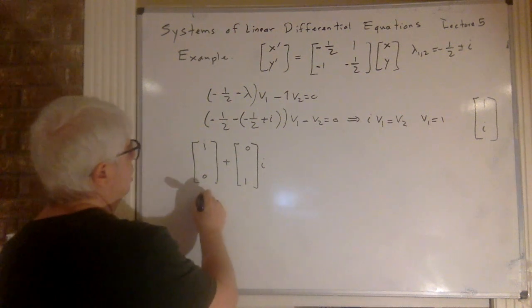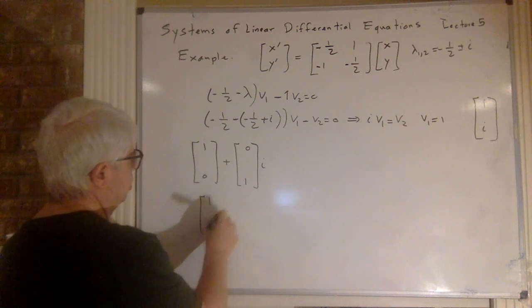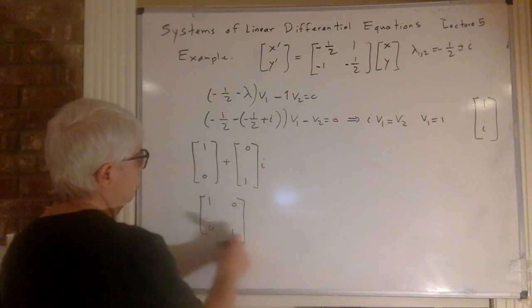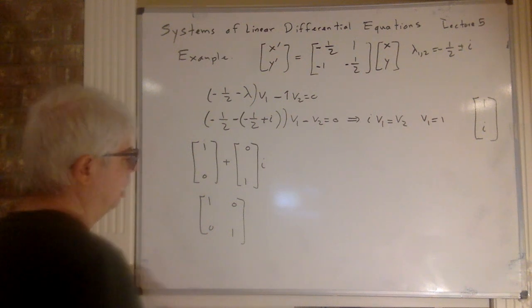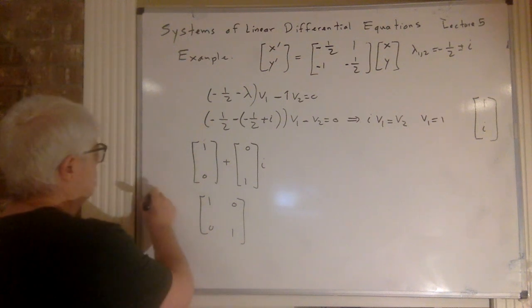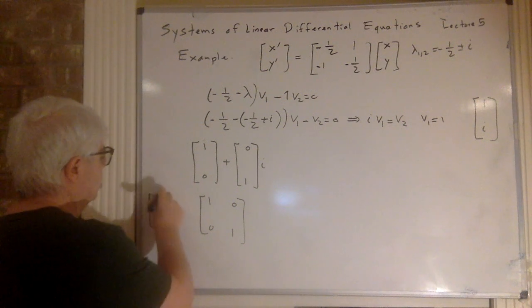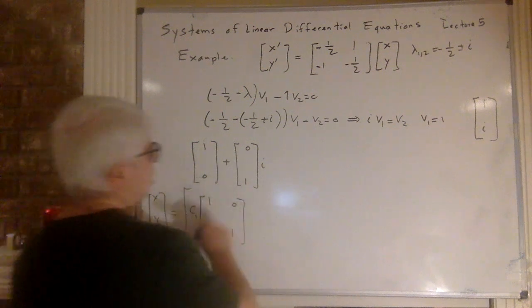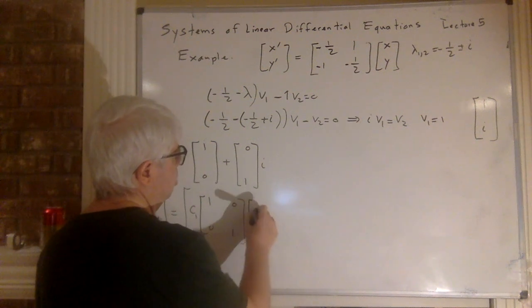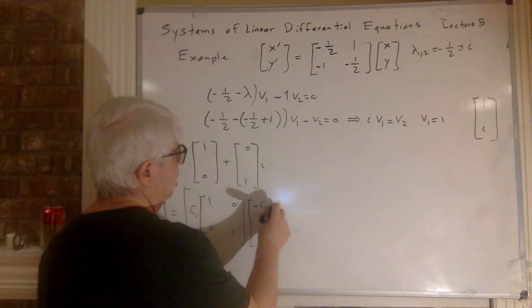So what is that matrix? 1, 0, 0, 1, right? So the solution x, y, remember, that was a constant c1 times this times, what's that, minus cosine, was beta.